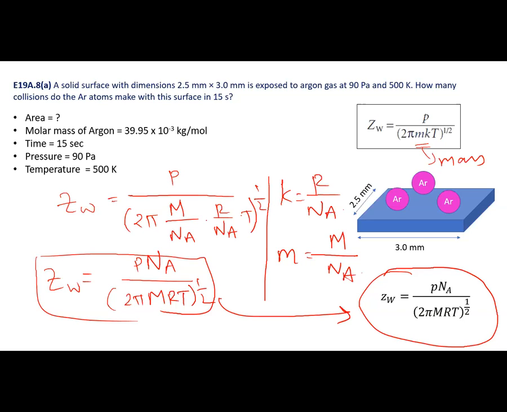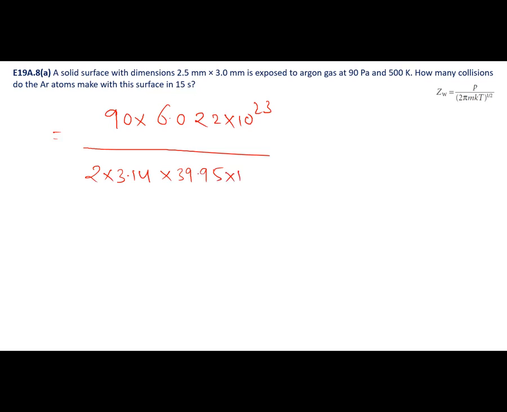Once we have this, we just need to plug in all the values that we know. P is 90 pascals times Avogadro number 6.022 × 10^23 over 2 times 3.14 times 39.95 × 10^-3 times 8.3145 times the temperature 500 Kelvin, all to the power half.